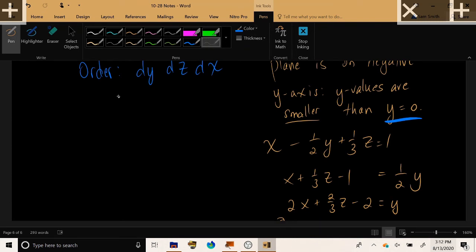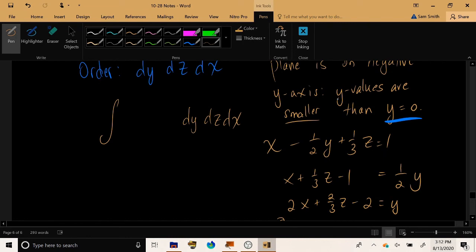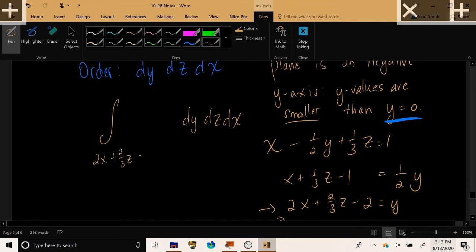So here we go, integrating dy, dz, dx. The lower y limits come from the equation of the plane, where y has been solved for, 2x plus 2/3 z minus 2. And the upper limit is 0, because it has a larger y value than any point in the plane of our function.